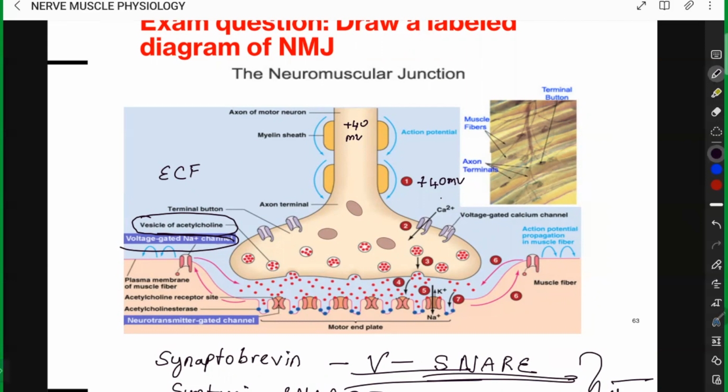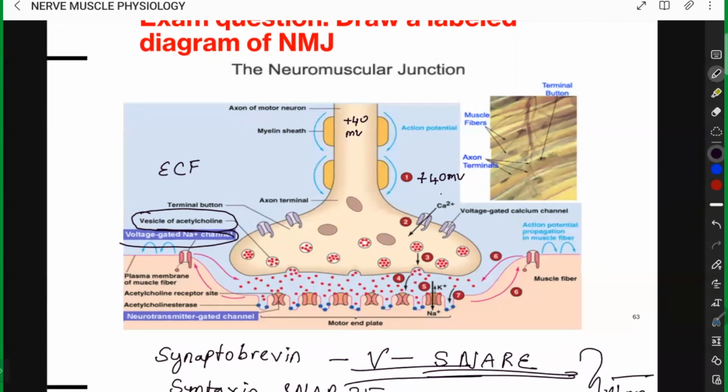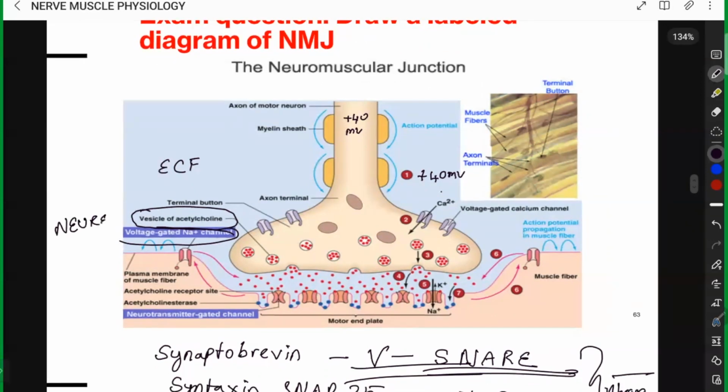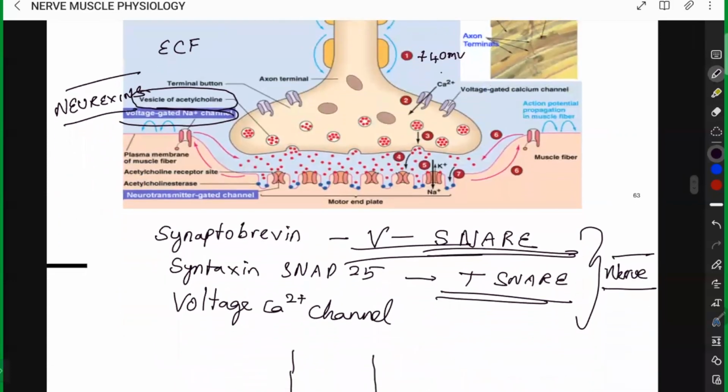The regulation is done by one small molecule called neurexin. This small molecule called neurexin is the one that is going to do the orderly arrangement. This is what you need to remember.